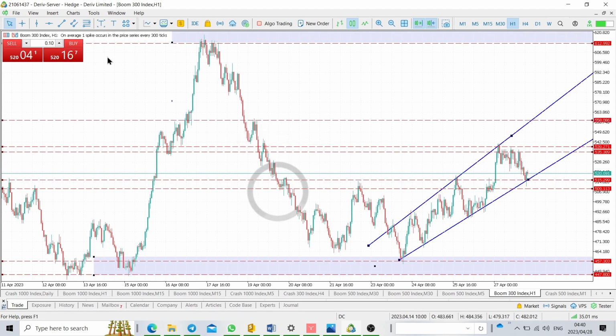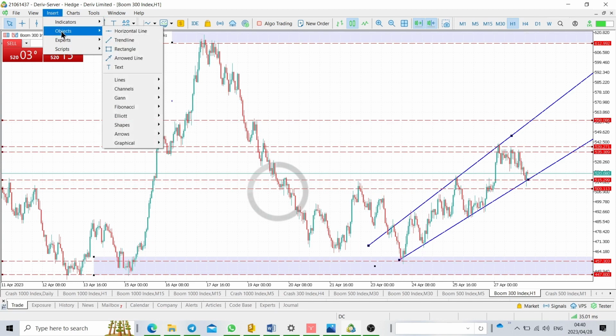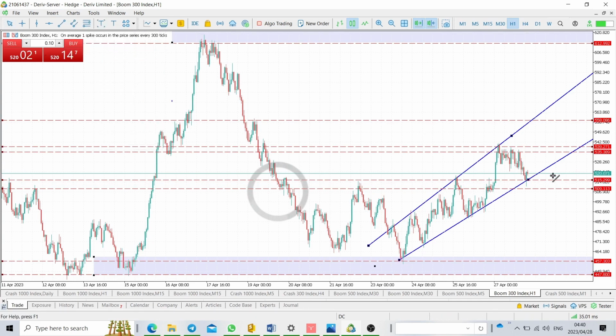Maybe when price moves up, if you're going to be trading, I think Boom 300 will be very, very easy to trade. Probably price is gonna come and reach this level, so this is going to be your target. So this Boom 300, it will be easy to trade. You'll be just buying, and the price is gonna take you to these levels.